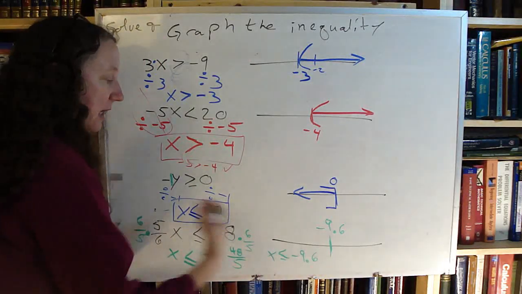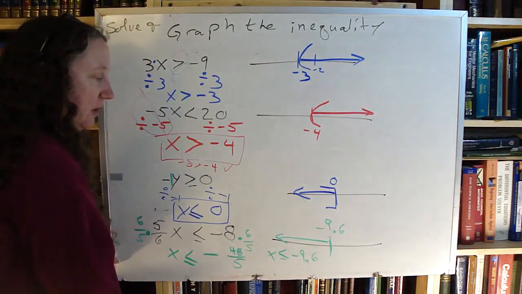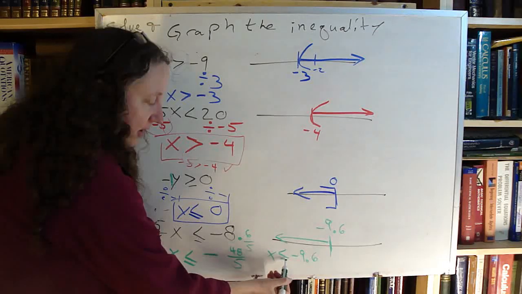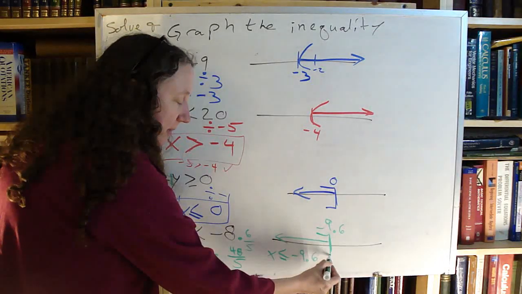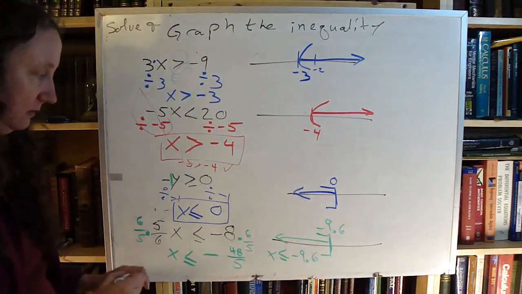X is going to be less than that, so that's going to take it out to the negative direction. It does equal, so that makes me square it off, and I now have my graph.